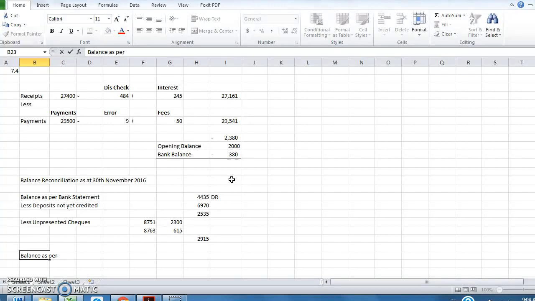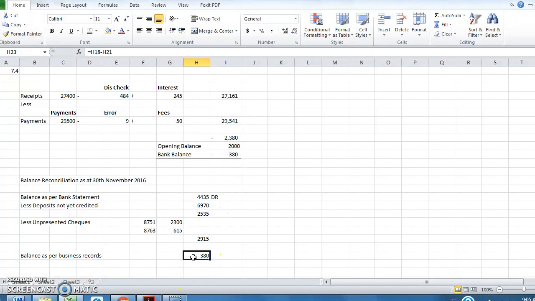So that is pretty much it for our bank rec, except the last part of totaling it up and saying as per our business records, balance as per business records. So all we have to do is take our statement minus our total of unpresented checks, which once again gives us our balance, which matches up to what we have in our books now.